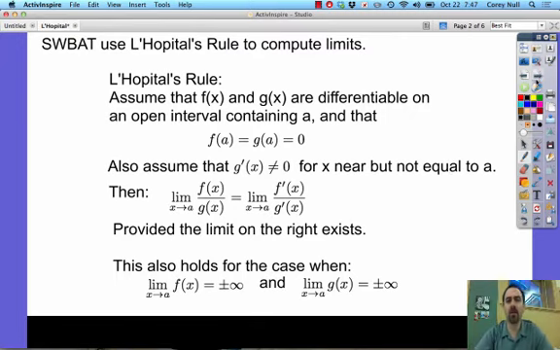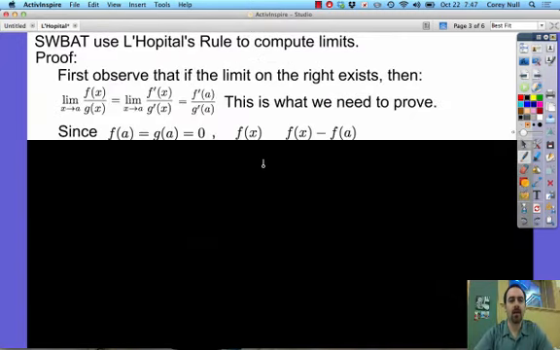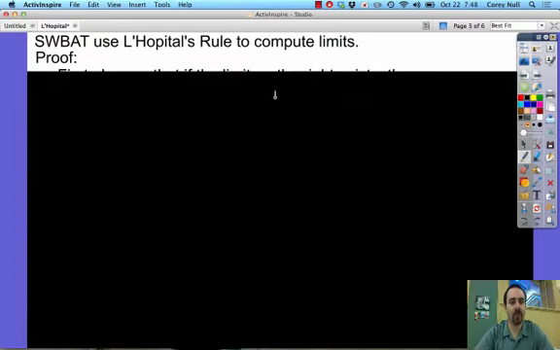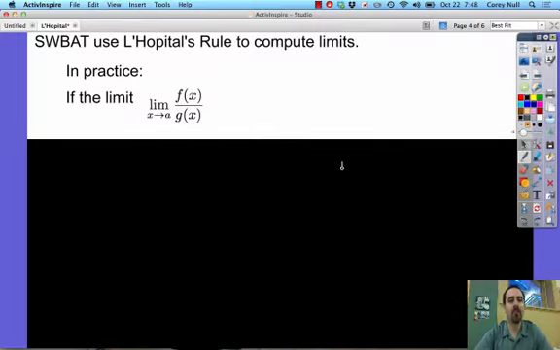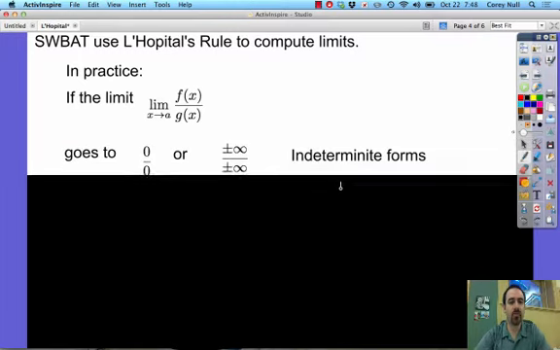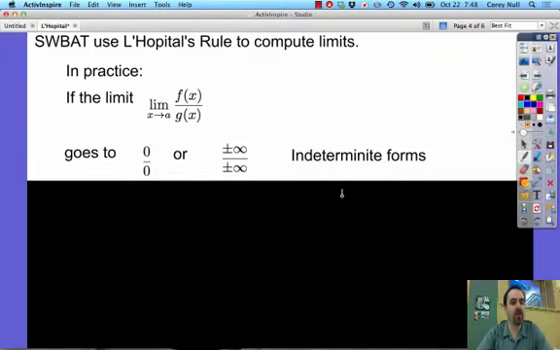Okay, so let's look at the proof. Actually, before we do the proof, let's talk about it in practice, frankly. In practice, what that means is that if you try to plug in a and you get 0 over 0, or infinity over infinity, we call those indeterminate forms.